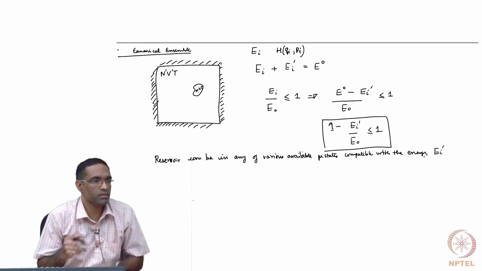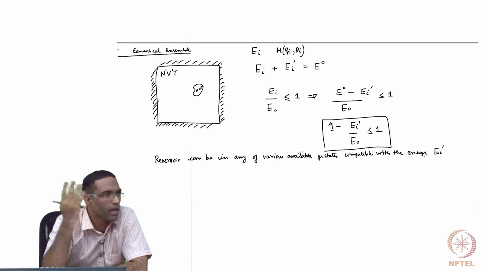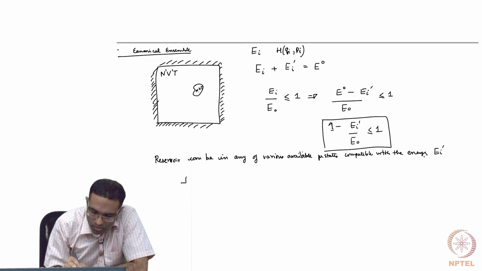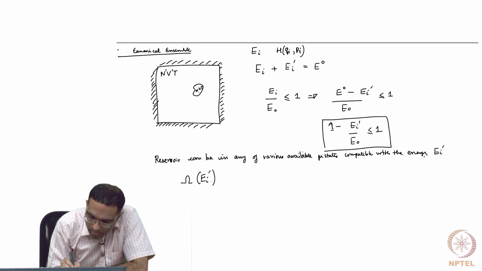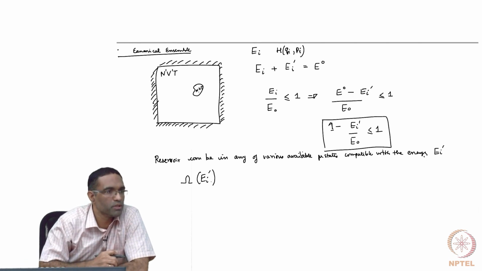The reservoir by itself can have energy EI prime but have so many different microstates. So let omega of EI prime be the total number of microstates that is possible for the reservoir.